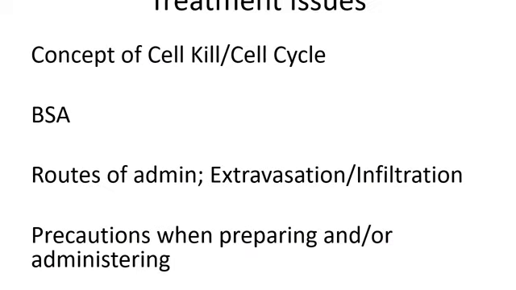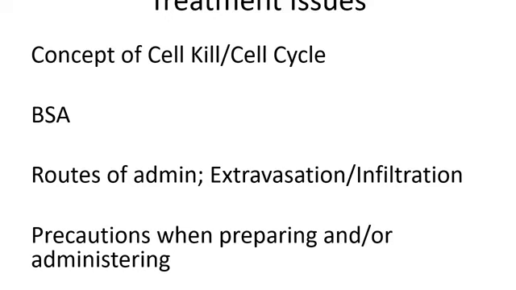So treatment issues with chemo, we have the concept of cell kill and the cell cycle. So many of these chemotherapeutic agents are developed to stop the replication of cells at various points during that replication process. So they are timed for maximum kill and damage to cancer cells.